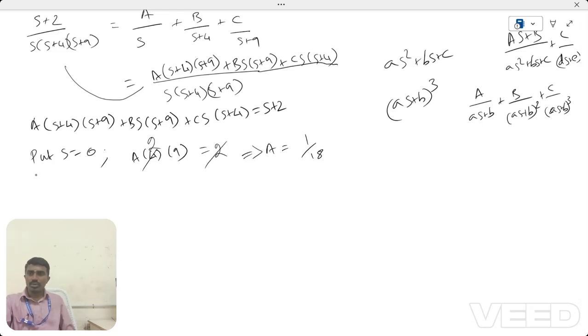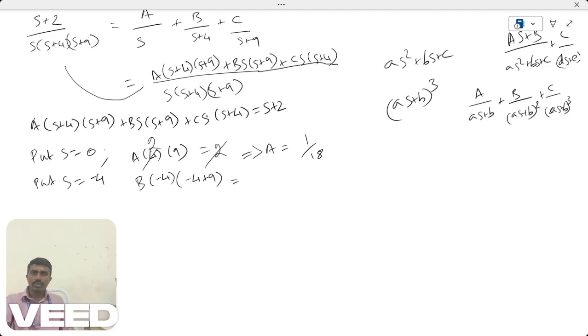Similarly, put s equal to minus 4. The first term vanishes, because the factor s plus 4 is there, and minus 4 plus 4 is 0. So the second term gives a value: B into minus 4 into (minus 4 plus 9) equals, the third term will vanish because minus 4 plus 4 equals 0, so minus 4 plus 2.